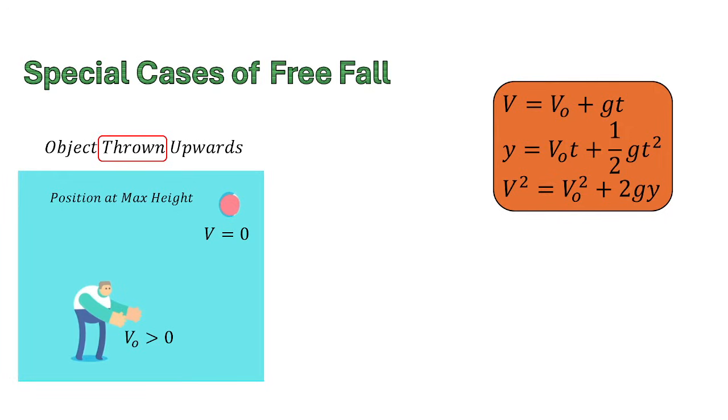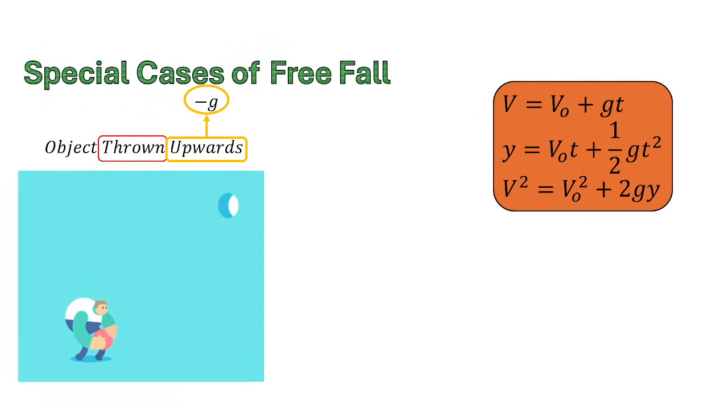Using those conditions, the motion is going against the direction of g. We're not going to derive the formulas here because I've already derived them. When we're going against the direction of gravity, g will be negative for this second case.